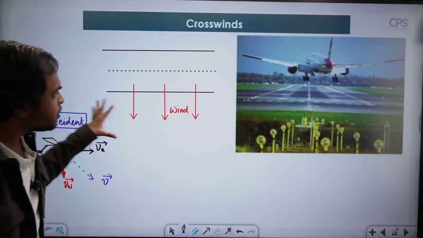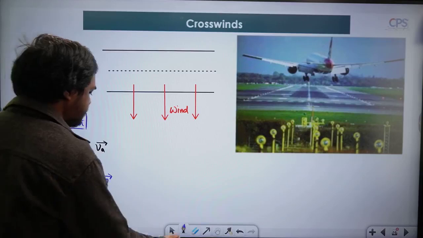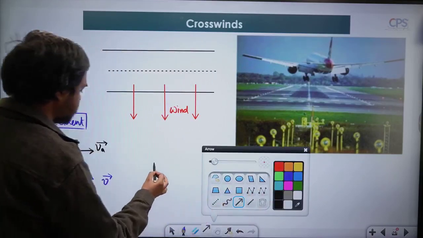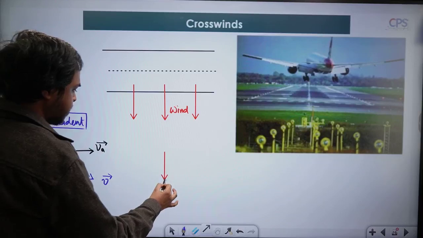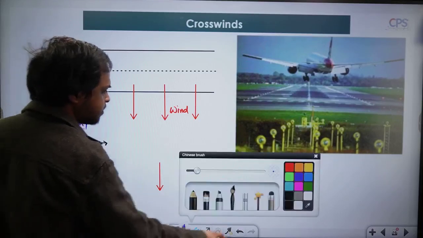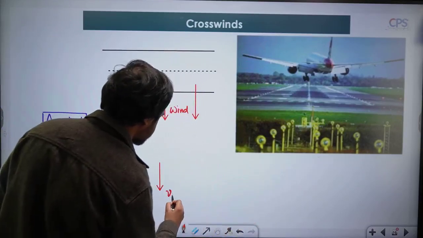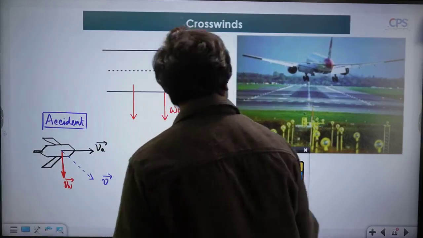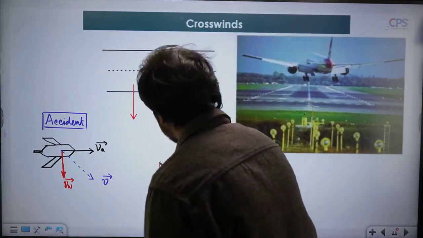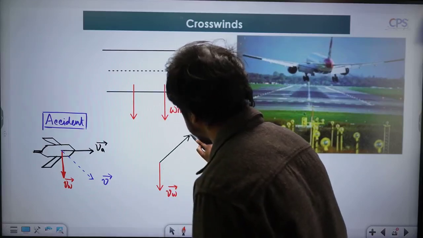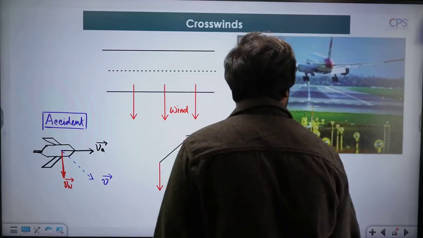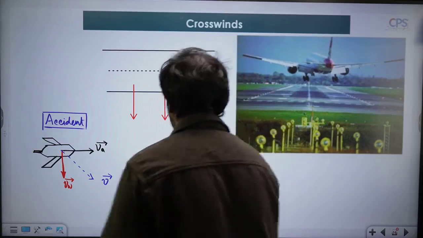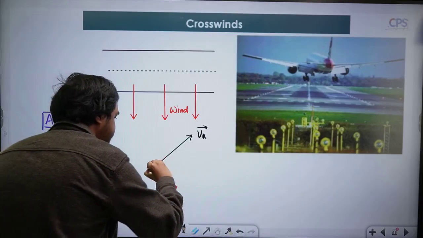To go through the runway, the aircraft must do one thing. What does the aircraft need to do here? See, this is wind. So the aircraft must head in this direction. So this is the aircraft's velocity. It is heading in this way, okay?